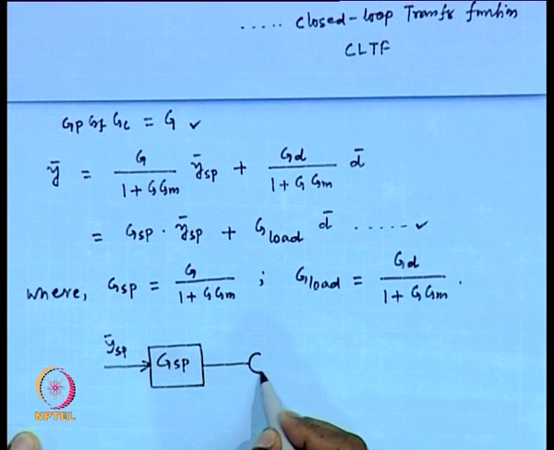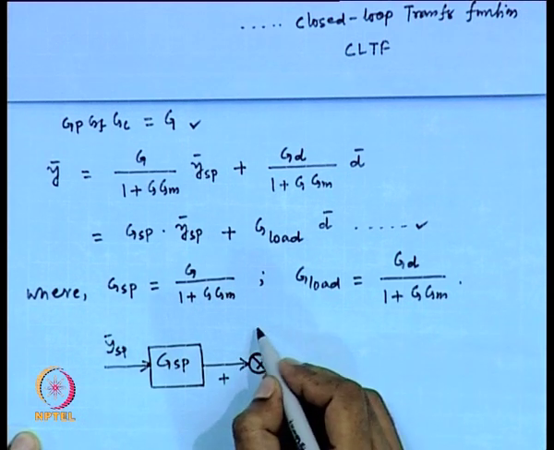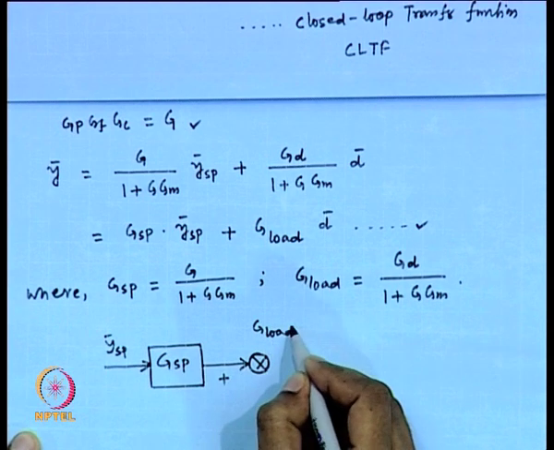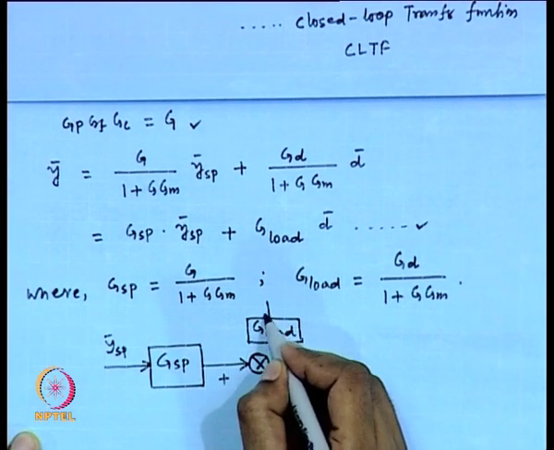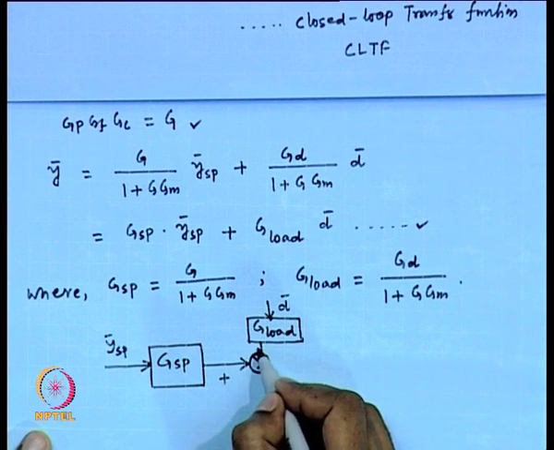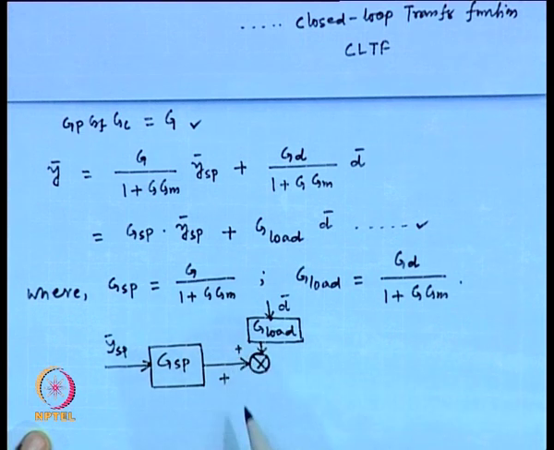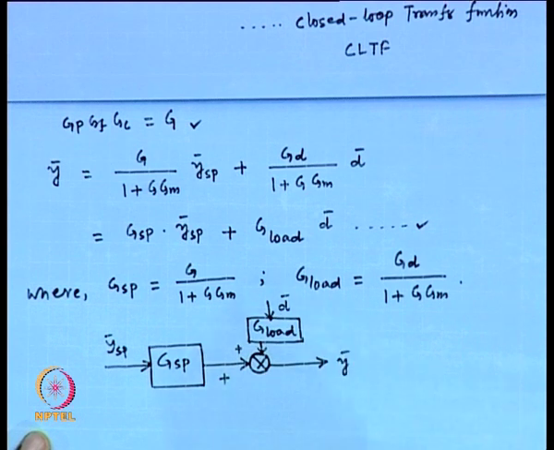Now, this output is added with the output of this load block. I mean, these two outputs are added and finally we get y. Fine. This is the block diagram of the final closed loop transfer function.